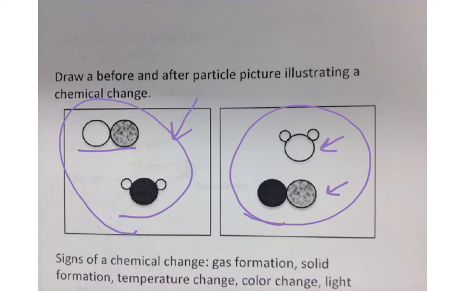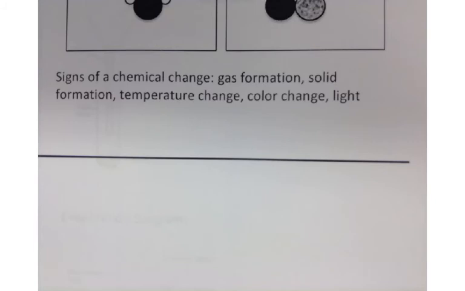Some big signs of a chemical change are gas formation, solid formation, temperature change, color change, and light. These are great signs to look for when we're asking you to identify whether it is a chemical or a physical change. If you notice that you see multiple of these signs, such as the burning of fireworks, so if this is my example of fireworks, I do notice that a gas or smoke was formed.